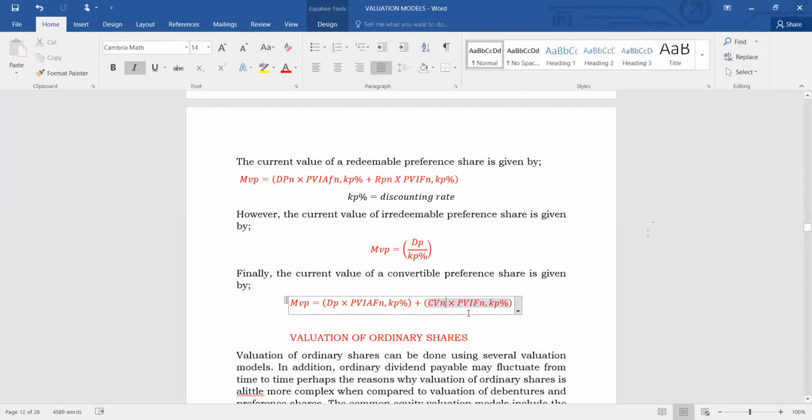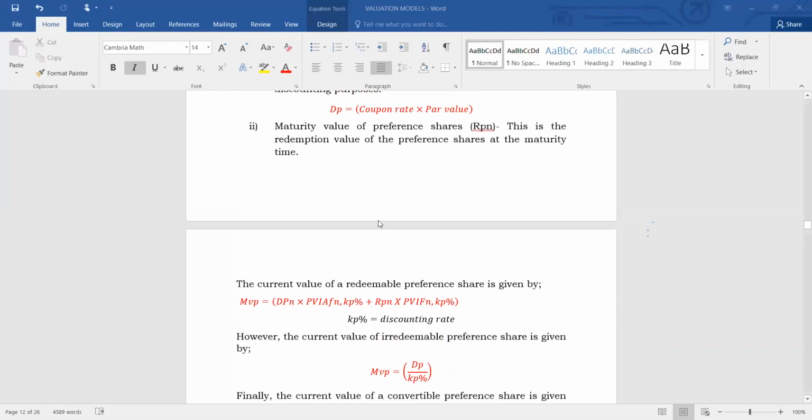Same thing for preference shares: the fixed preference dividend multiplied by the annuity factor for a defined period. At a point in the future, the preference shares are convertible into equity shares, giving rise to a conversion value, which is also discounted. The total present value of those future cash flows is the current value of the preference share today.